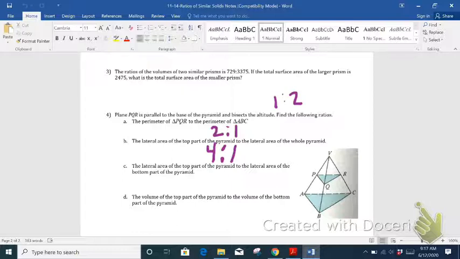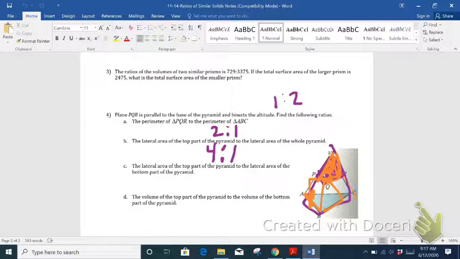We just said that this top part has a ratio of 1 to 4 to the entire pyramid. So if you consider this entire pyramid is made up of 4 of these orange parts, the top part, then that means you could fit 3 of them on the bottom part of the pyramid.